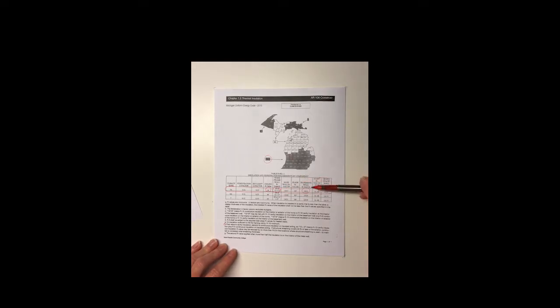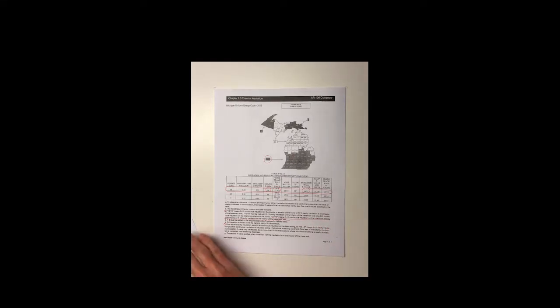For the basement walls, we're looking at what is identified here with the C, and the 10/13 means that you have an R10 of continuous insulation, and that can be on the interior or the exterior, or you have to have an R13 cavity insulation at the interior of the basement wall. And we'll talk about that a little bit more when we look at the section.